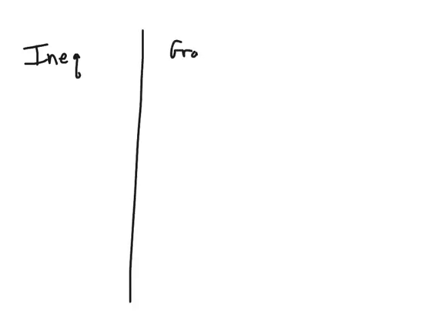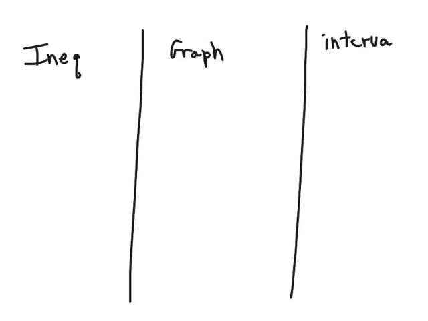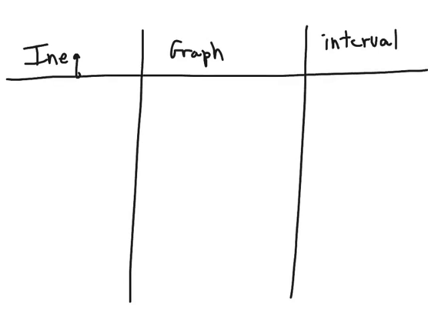There are 3 different ways we write our answers: inequality, graph, and interval. You should be equally comfortable with all 3 notations. Inequalities, I don't think these cause you any problems. x less than 3, I think you're very familiar with that.